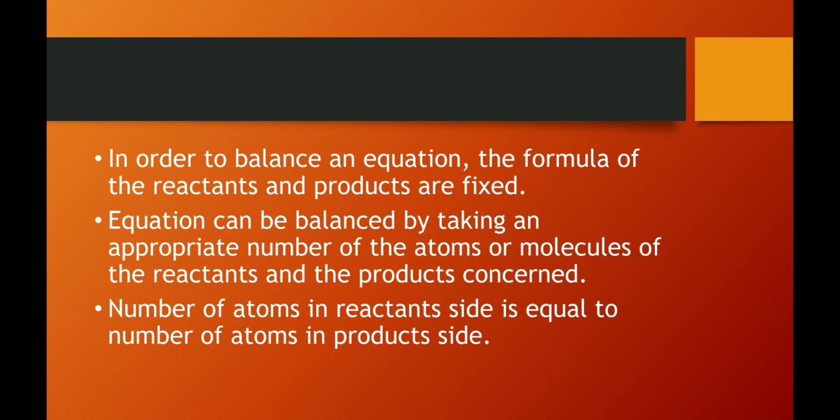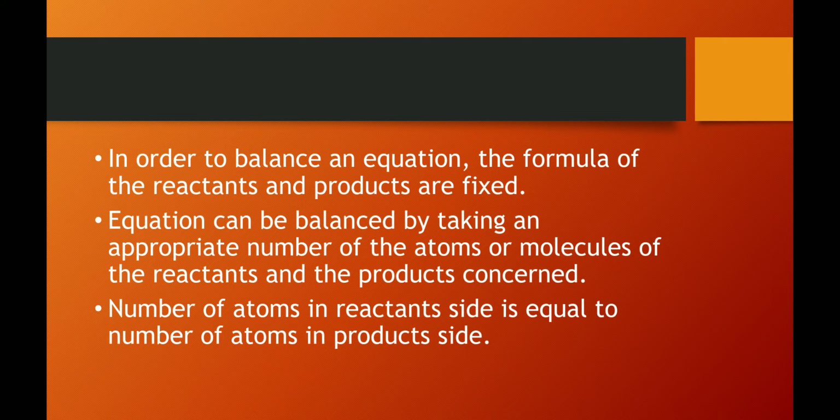The substances that are present on the left side are called reactants, and the substances that are produced after the reaction are called products. So the number of atoms on the reactant side is equal to the number of atoms on the product side. Usually atoms on the left side must be equal to atoms on the right side.